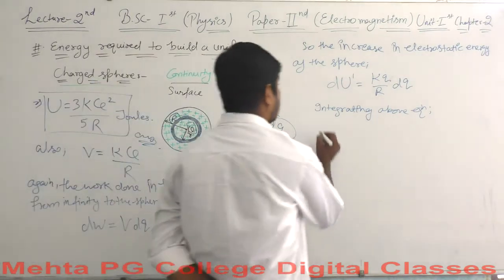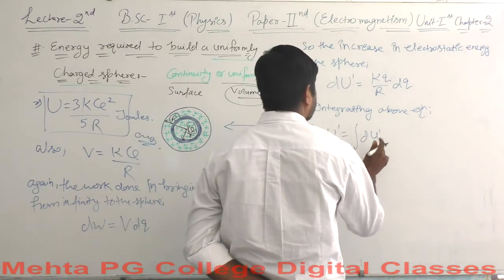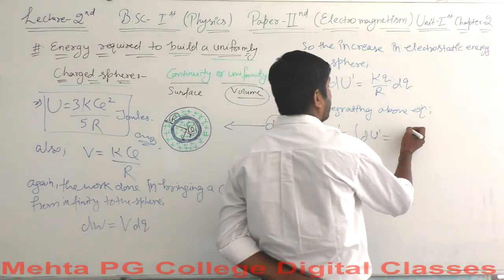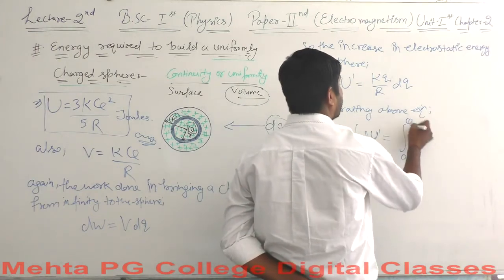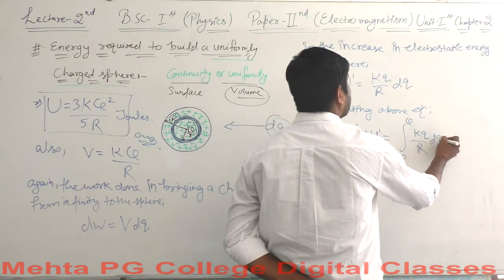Again, U dash is equal to the integration of dU dash, which is the integration from 0 to capital Q, the total charge, of KQ over R into dQ.